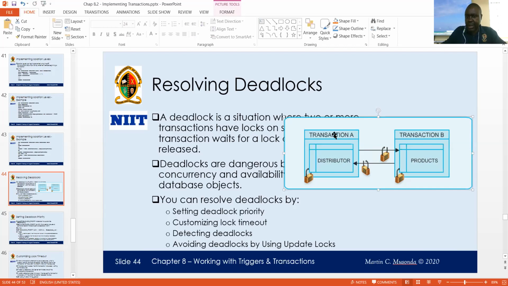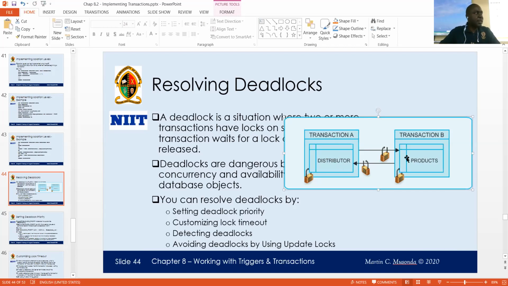But for transaction A to complete its processes, it needs access to the products table. So it's going to be waiting for transaction B to finish. But transaction B also will not complete its task because it needs to access the distributor table, which is locked by transaction A.